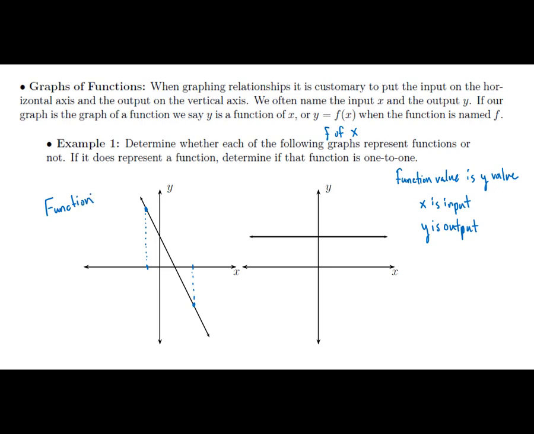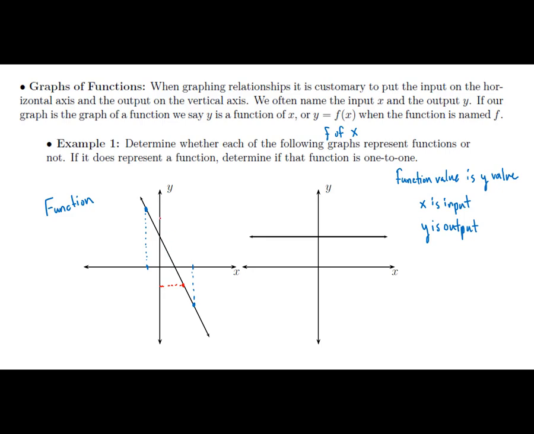No problem. Now the other question is, is it a one-to-one function? Okay, so a one-to-one function means that if we take a particular y value, it only goes with one x value. Okay, so let's pick out a couple y's. So here's a y value. I follow it over and I see that it goes with this particular x value right here.